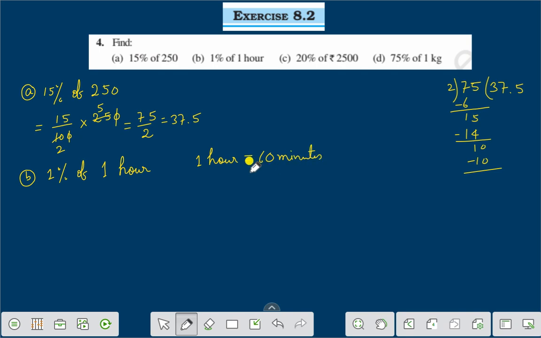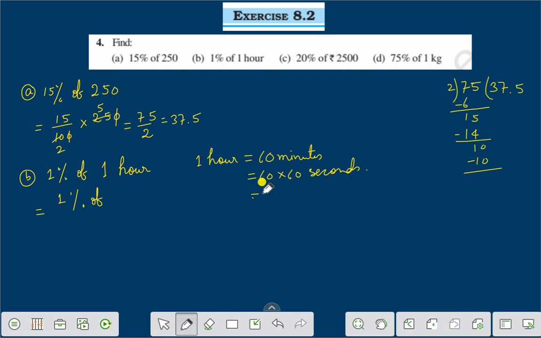And if we change into seconds, it will be 60 into 60 seconds. Right? Therefore, we are getting 1% of 1 hour means 60 into 60 seconds.